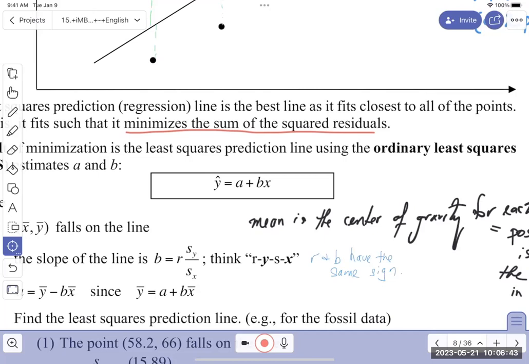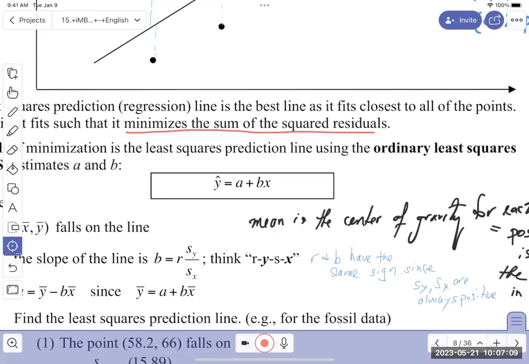But mathematically, R and B will have the same sign because standard deviations will be positive.